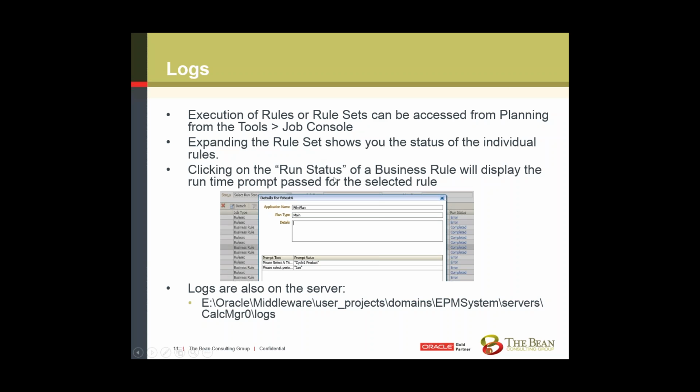And if you click on the run status, you can see parameters that might have been passed in to the particular business rule, so you can make sure that your parameters are being passed correctly through each of the steps. And then, of course, there are also logs on the server that are always extremely invaluable when all hope seems lost.